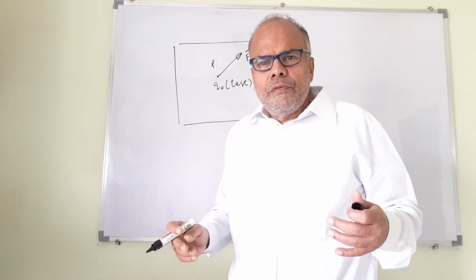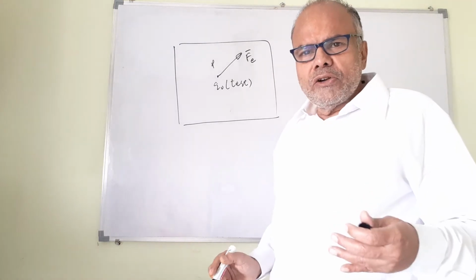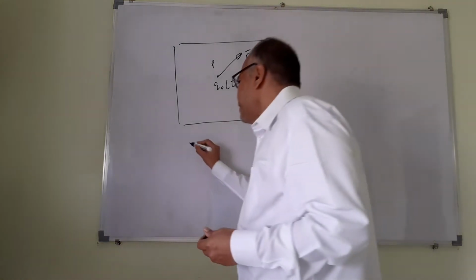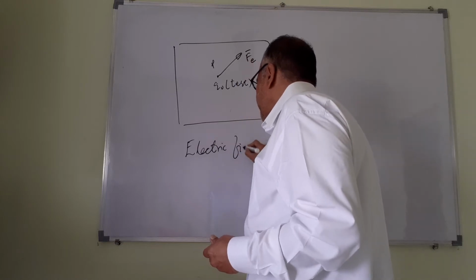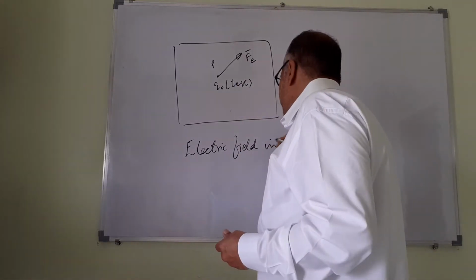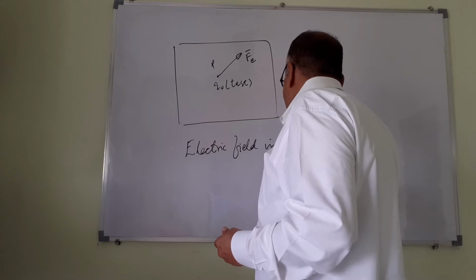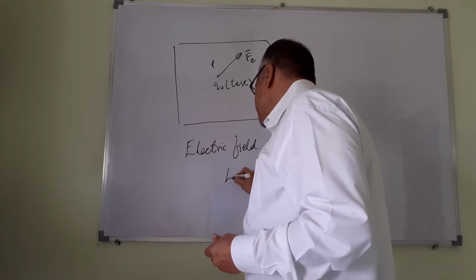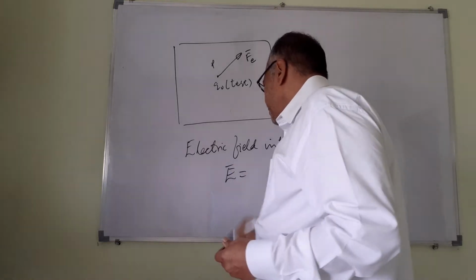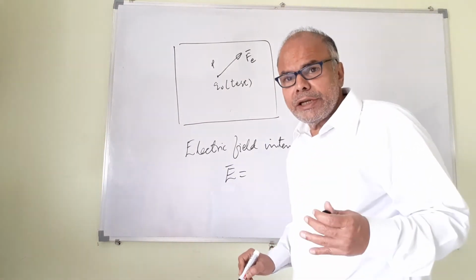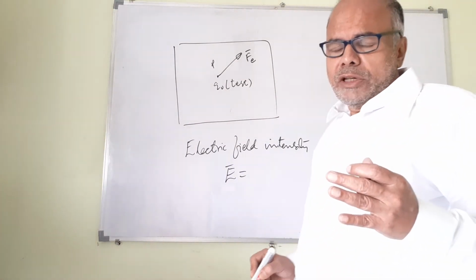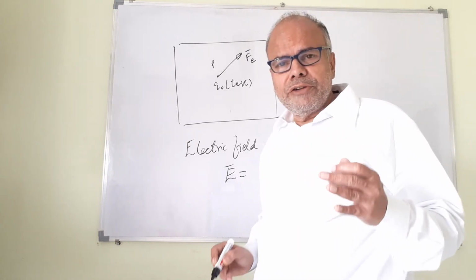Now, we define a new physical quantity known as the electric field intensity. The electric field intensity E is a vector. Remember, it is defined from point to point, it varies.